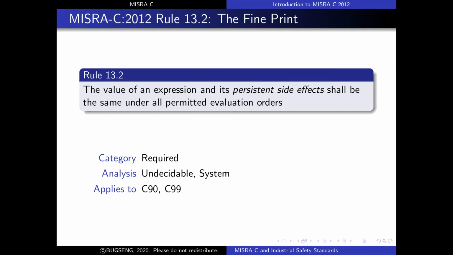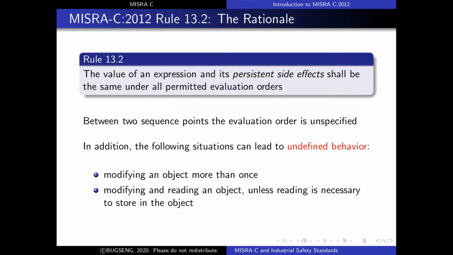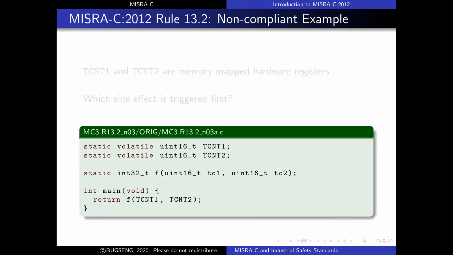This is undecidable, it's systemic, and it has to do with unspecified behavior and also with undefined behavior, because as I said, there are orderings of things that are not defined, but if you, within 2 sequence points, modify an object more than once, or you modify it and read it at the same time, then it is undefined behavior. And for the unspecified behavior, here is an example.